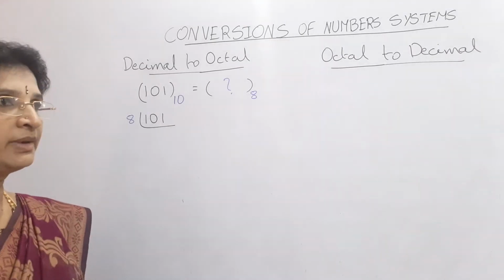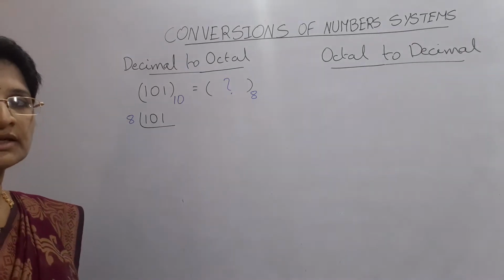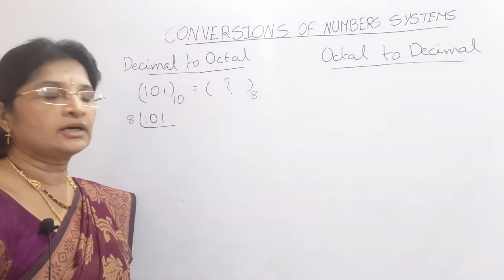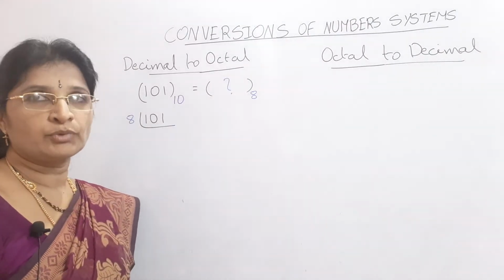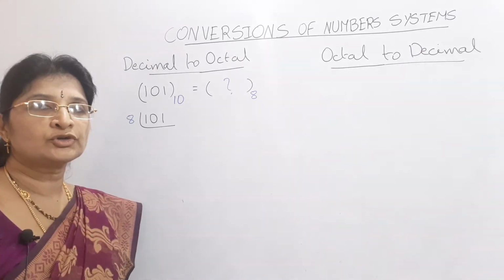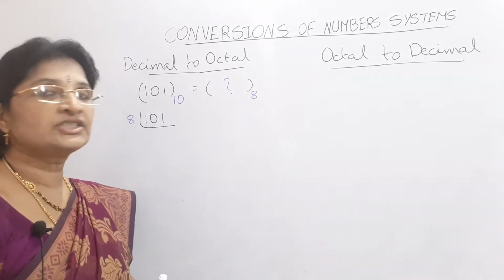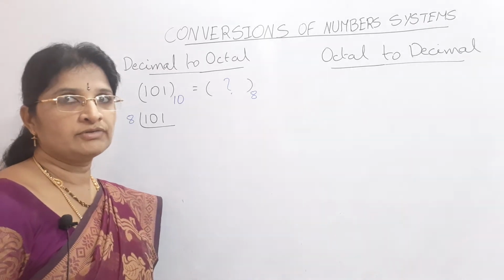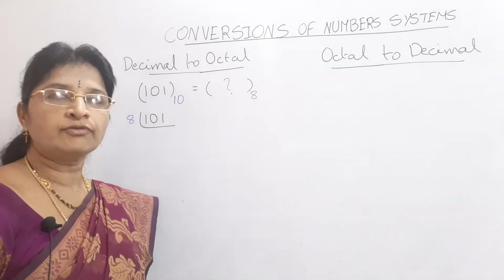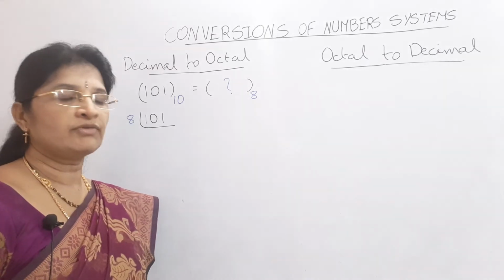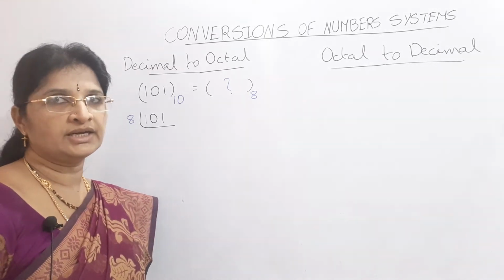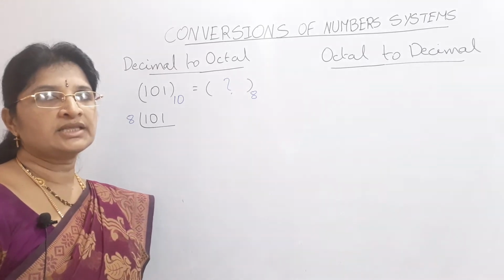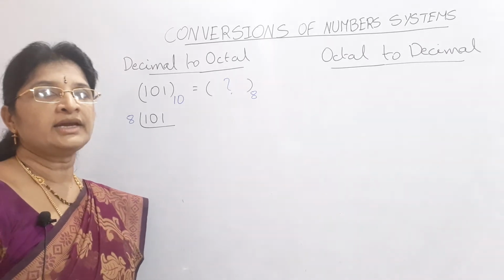Whenever you are performing this process, the division is very important here. You should perform integer division. In computers we have two different types of divisions, integer division and floating point division. If both the numerator and the denominator are integers, then you should perform only integer division.